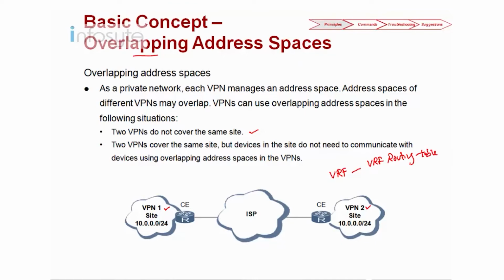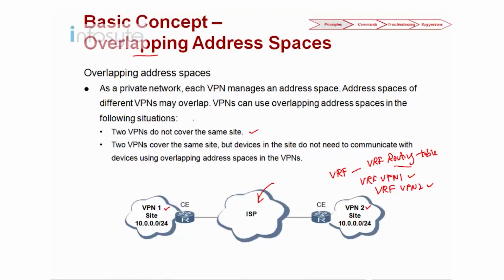For these VRF routing tables, they distinguish whether this VRF belongs to VPN 1 or VPN 2. They base on your name to create an isolated routing table for every single customer, and it will not affect your public routing table within your ISP.